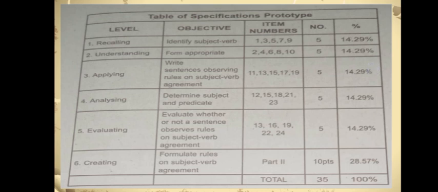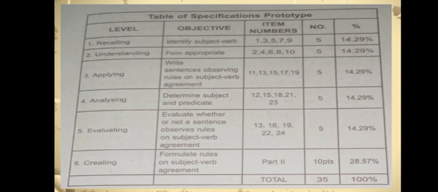Then the next one is the constructing the test items. So again, the table of specifications guides the teacher in formulating the test. And as we can see, the table of specification also ensures that each of the objectives in the hierarchy of educational objective is well represented in the test.